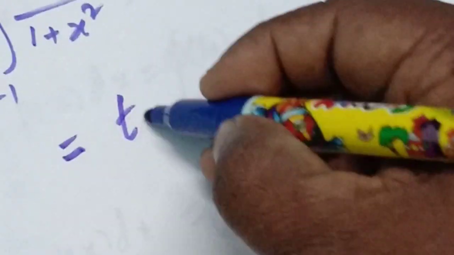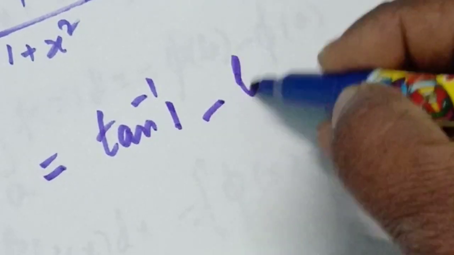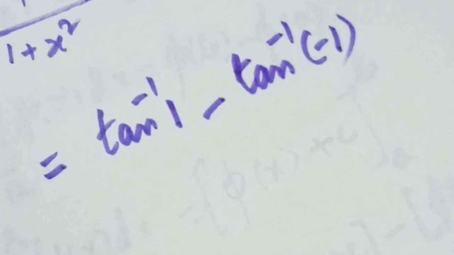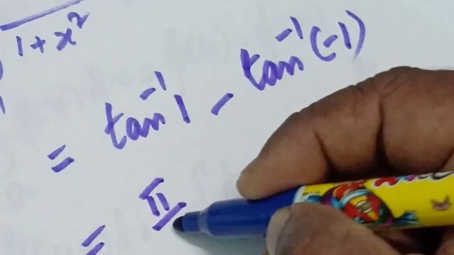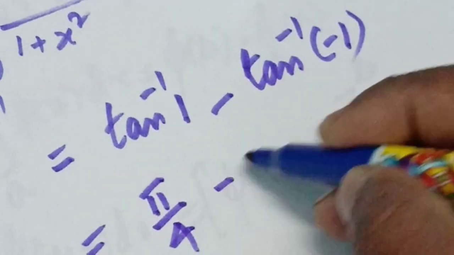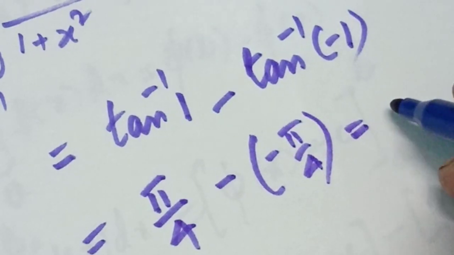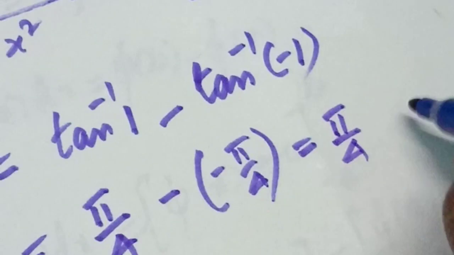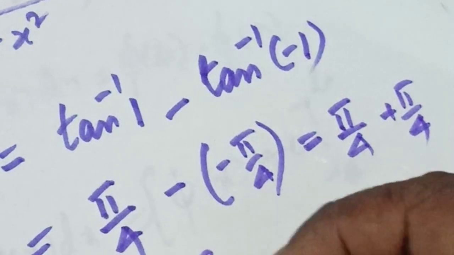As I have told you, we first put the upper limit, that is tan inverse 1 minus tan inverse of -1. So tan inverse 1 is pi by 4 and this is minus of minus pi by 4. That is equal to pi by 4 plus pi by 4, that is pi by 2.